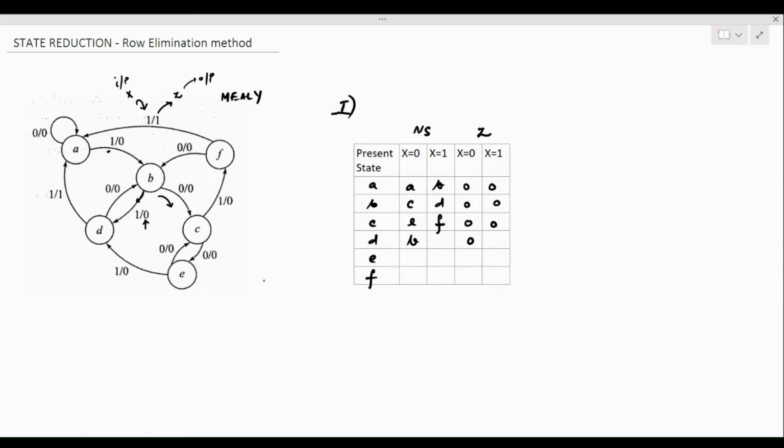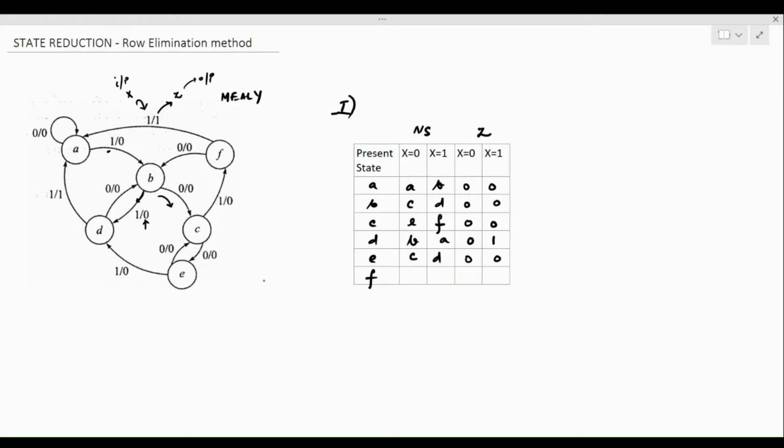From state D, for input 1, it goes to A and the output is 1. For state E, for 0, it goes to state C with an output of 0, and for input 1, it goes to D with an output of 0.